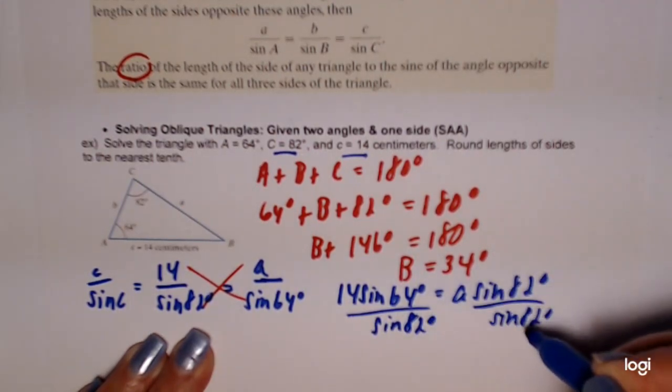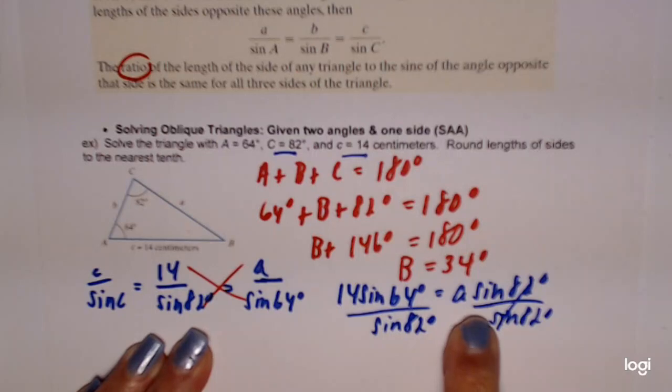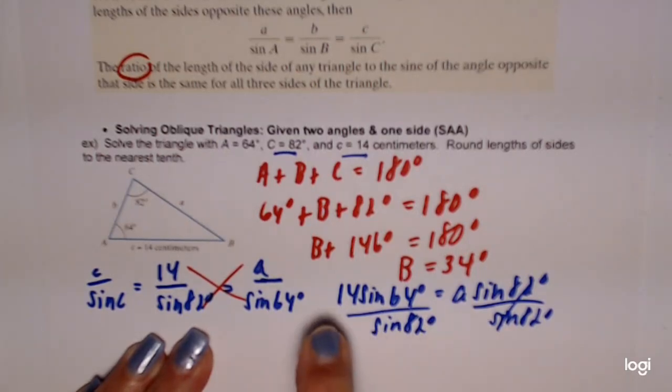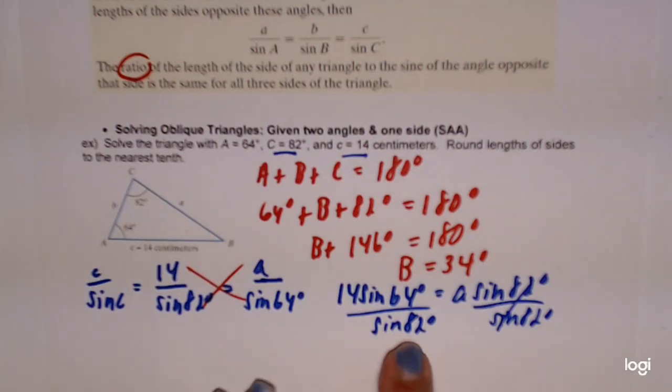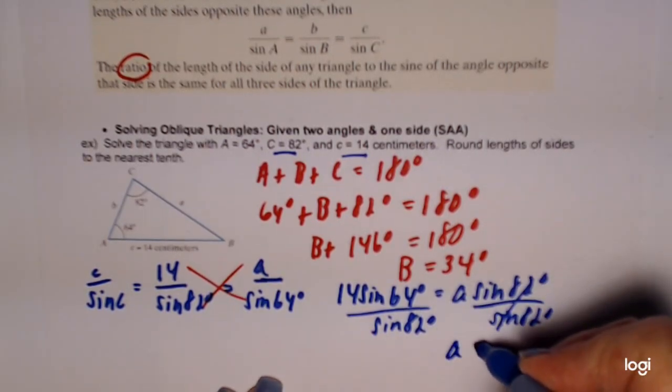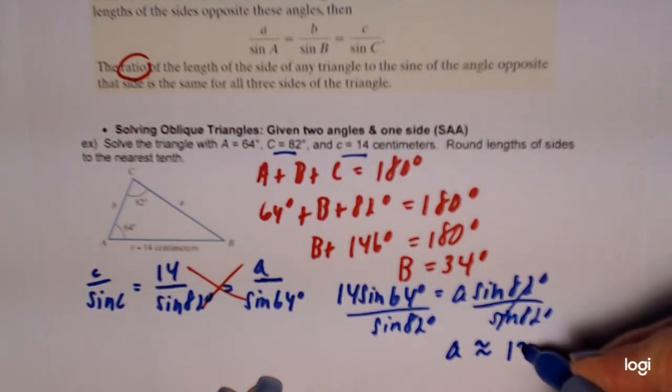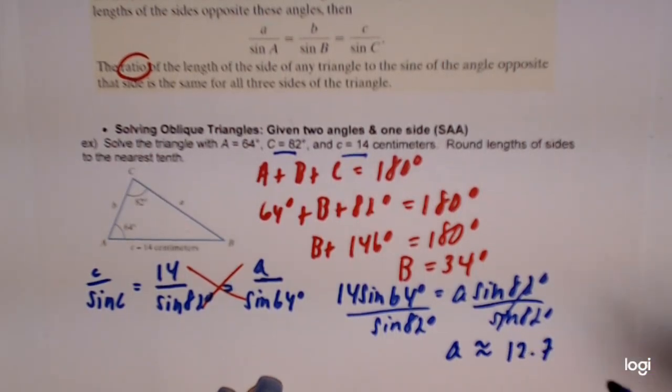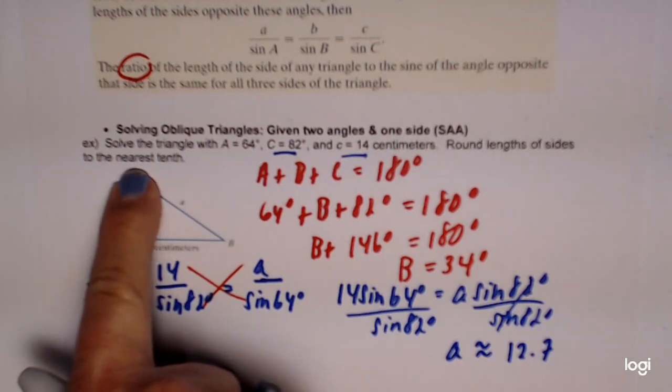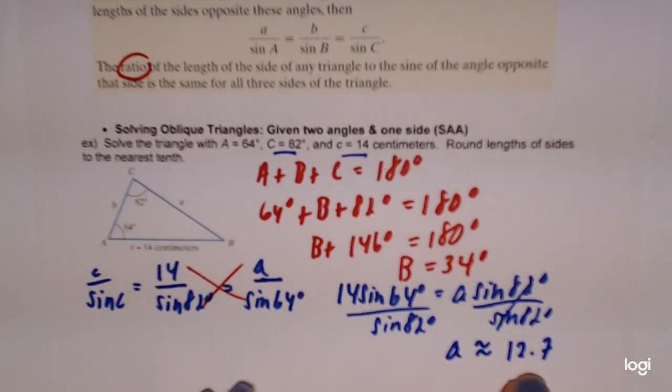So A is going to be equal to 14 times the sine of 64 degrees over the sine of 82 degrees. When we put this in our calculator, and be careful, make sure that your mode is in degrees and not radians, we get A is approximately equal to 12.7. Because our problem says solve to the nearest tenth, it's going to be 12.7 here.